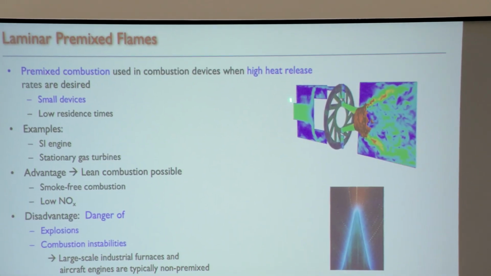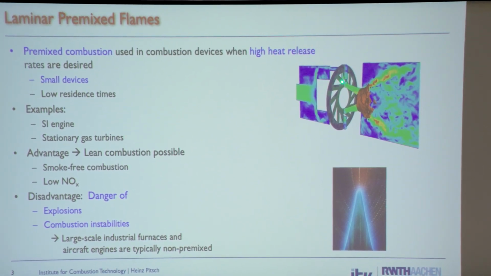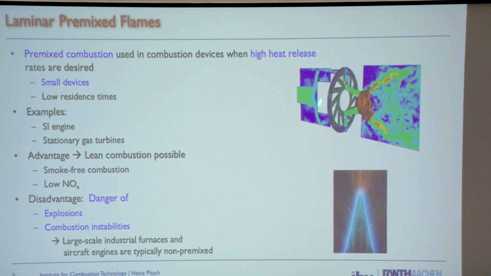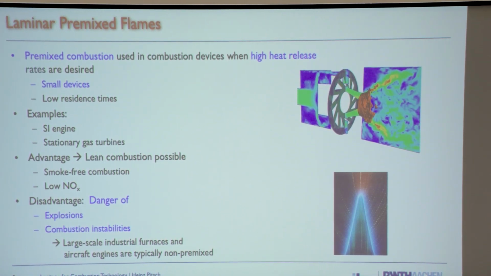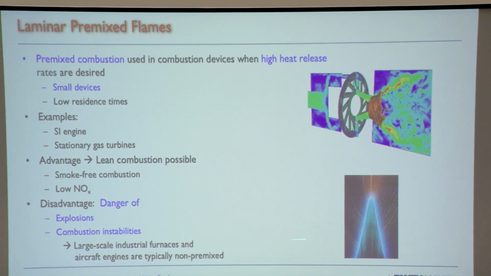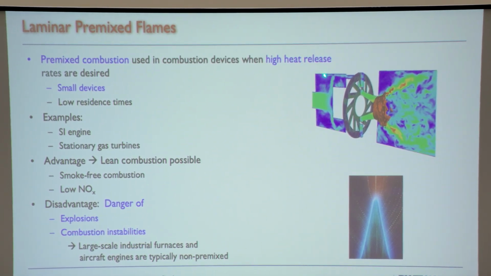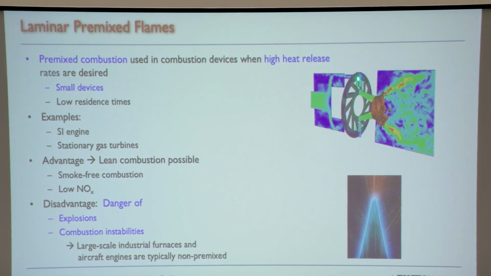If you added the fuel way upstream, the flame could burn back through the swirler into this region, and if you have a big volume here, the whole thing could just blow up. These things happen once in a while. It's called flashback when the flame burns inside the mixing region. That's why the fuel is typically added as close as possible to the exit.